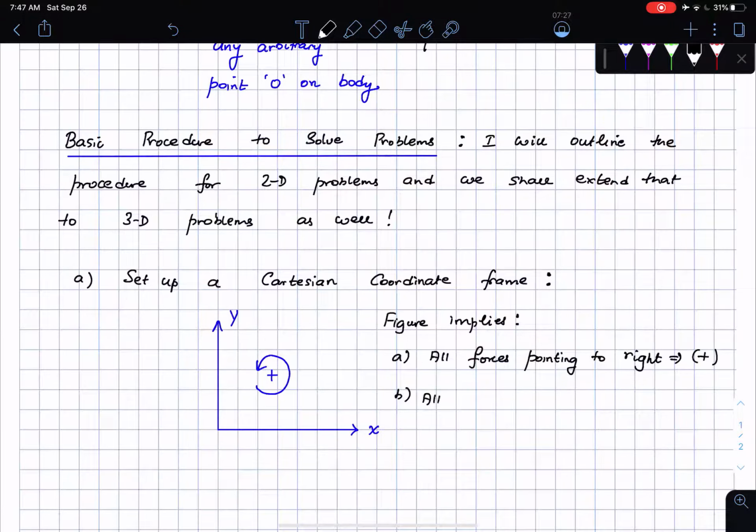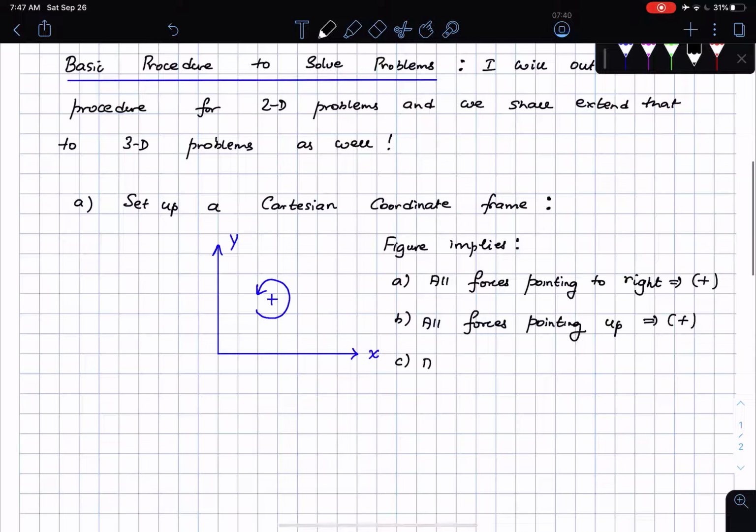All forces pointing up will be taken as a positive sign, and all moments that are counterclockwise, CCW, will be treated as positive.